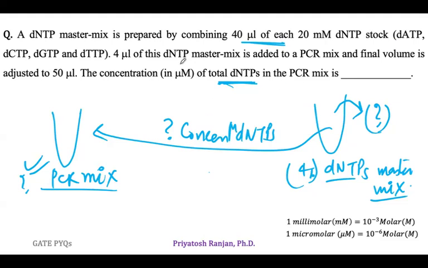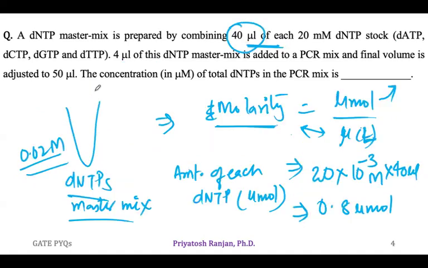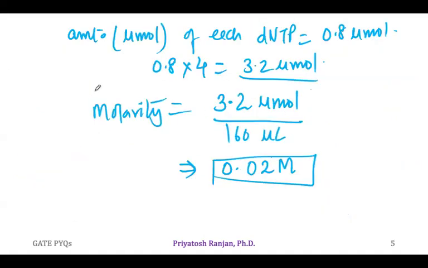If I'm correct, I'm taking 4 microliter of this dNTP master mix, and I'm adding to this PCR mix, and I need to calculate the final concentration in this particular tube. So when I'm taking 4 microliter from the dNTP master mix, how much amount am I taking? I can calculate the same way.